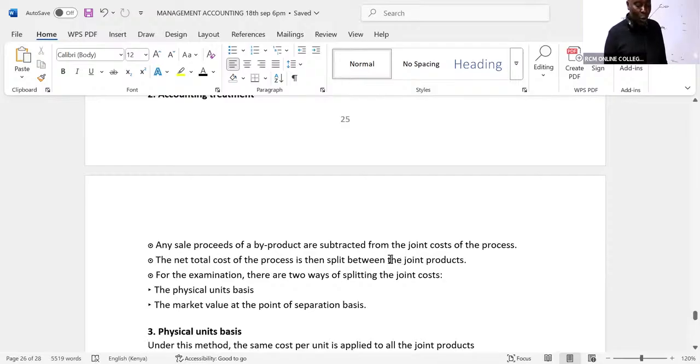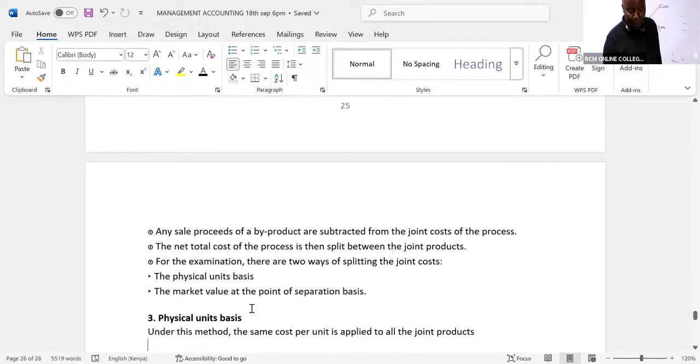Number two, we have what we call the market value basis at the point of separation. However, I will still teach you another third method known as net realizable value. But if you look at your past papers, normally they want you to split the joint costs using physical units or market values. We start with the first one, which is the physical units basis.